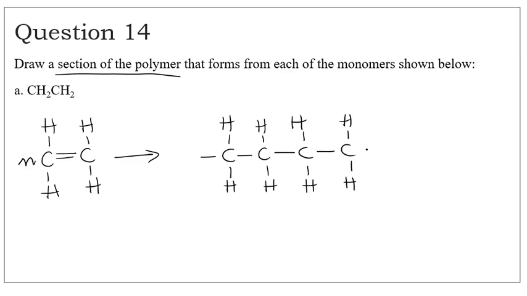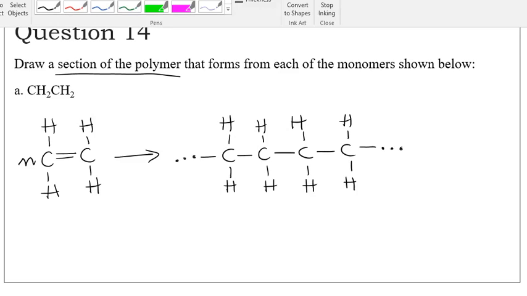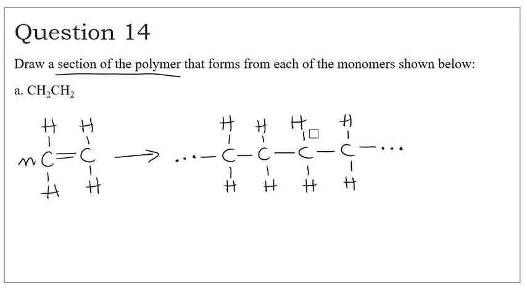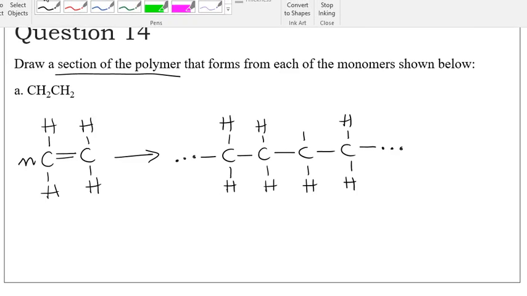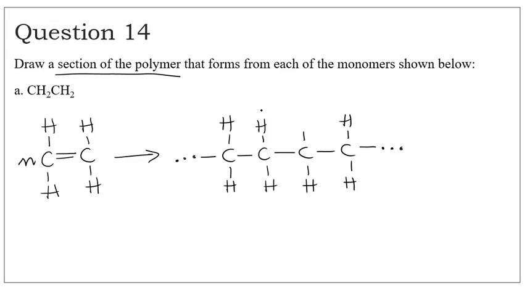Now, it doesn't really say how many monomers I need to draw for a section, so I can really stop with 2. What I really don't like though, and I'm going to fix, is this one, because I don't like how the hydrogen does not look like it is linked to the carbon. So I am going to fix that before I move on to the next question.